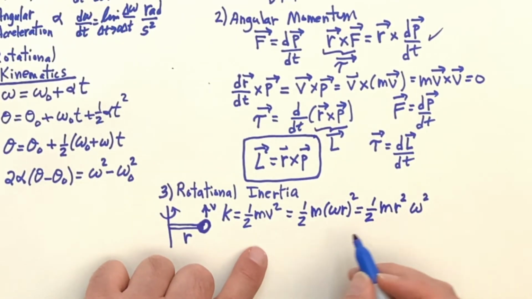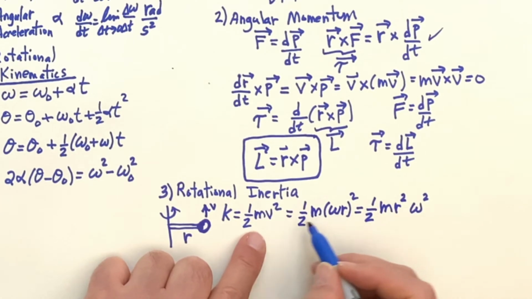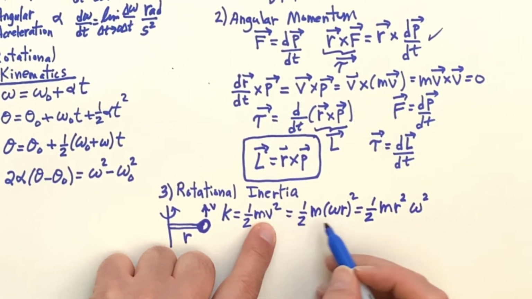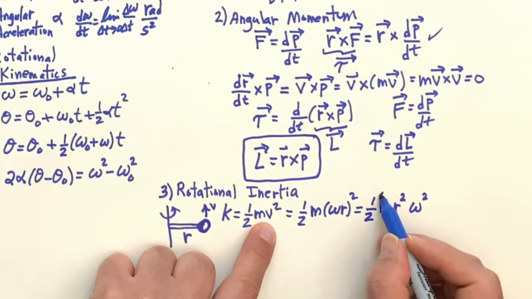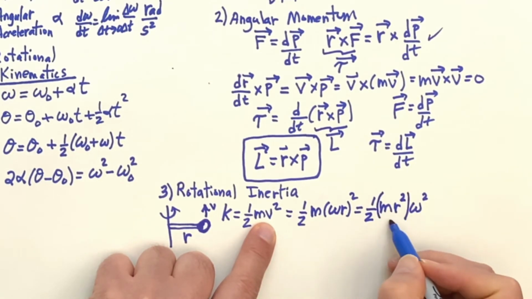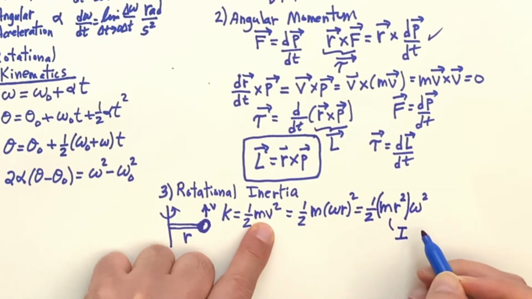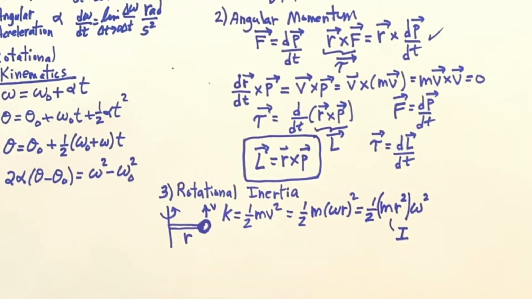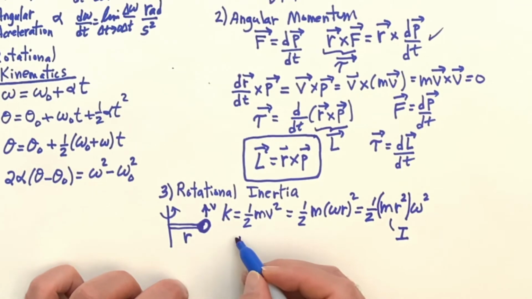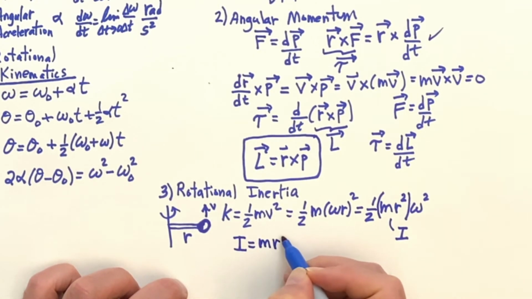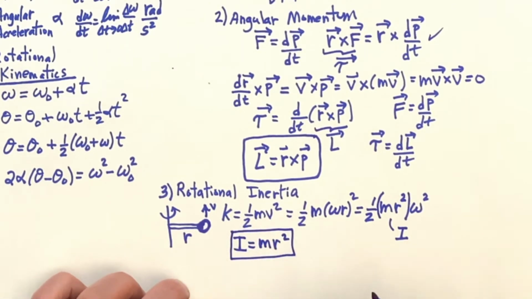Now this is analogous here to an inertia term times a velocity term, and here you have the angular velocity. So it's this piece here, which is the rotational inertia, which we call the moment of inertia. So the moment of inertia for a point mass is mr squared.